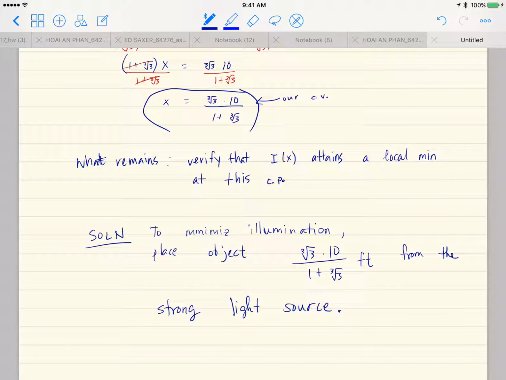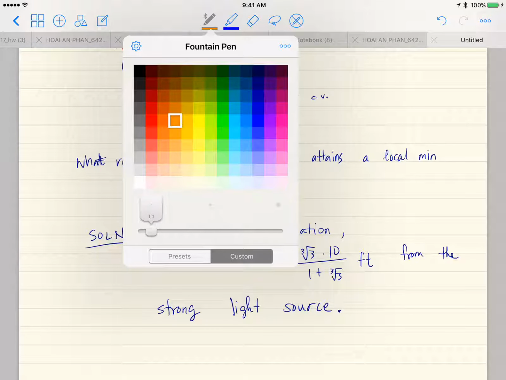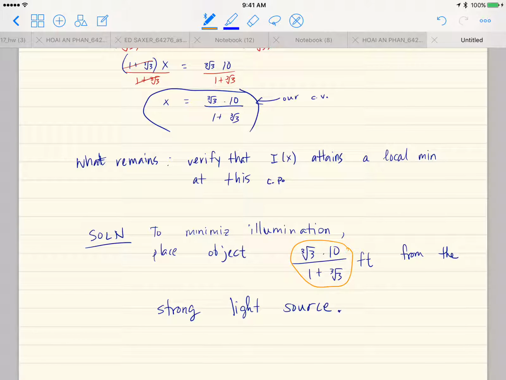Okay, and we can notice just by looking at this number, this will indeed be in our domain, because the cube root of 3 is approximately 1.4.